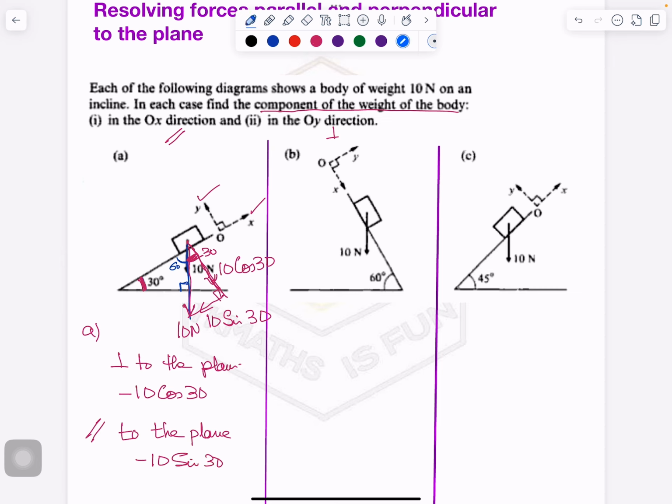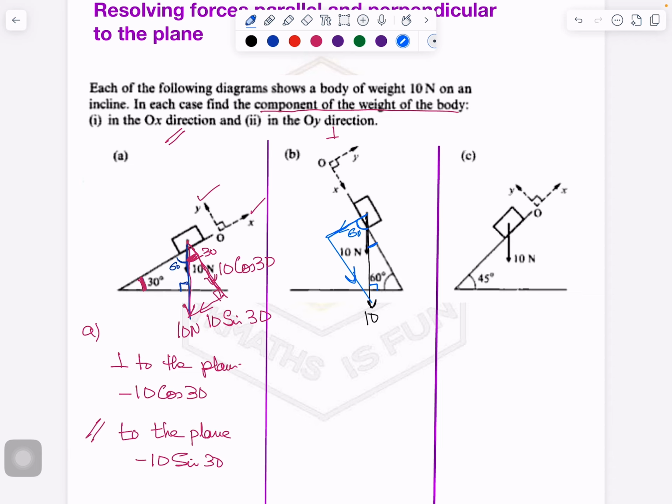Let's see in this case. So first of all, let me draw extended. This is the 10 Newton force given to me. Now I'm resolving it parallel and perpendicular to the plane. So this is perpendicular and this is parallel to the plane, right? So what will this angle be? Same as 60. I have just explained to you, because this will be 90, this will be 30.